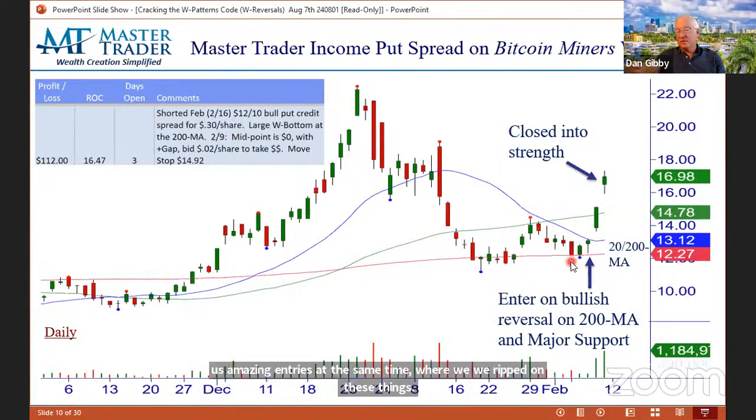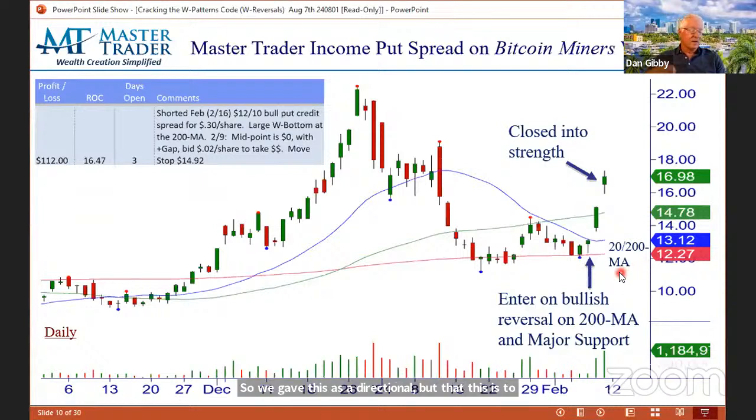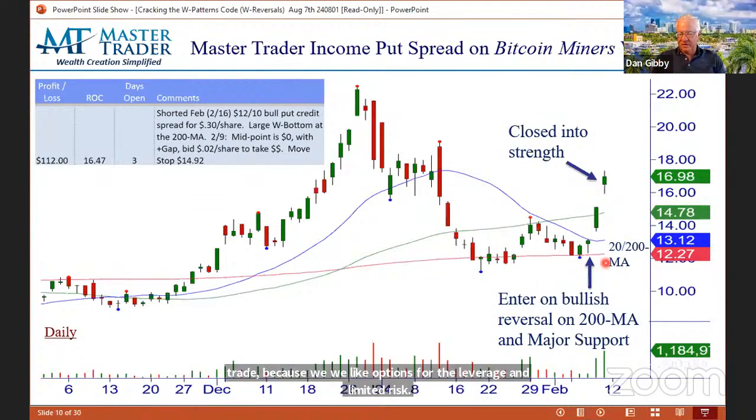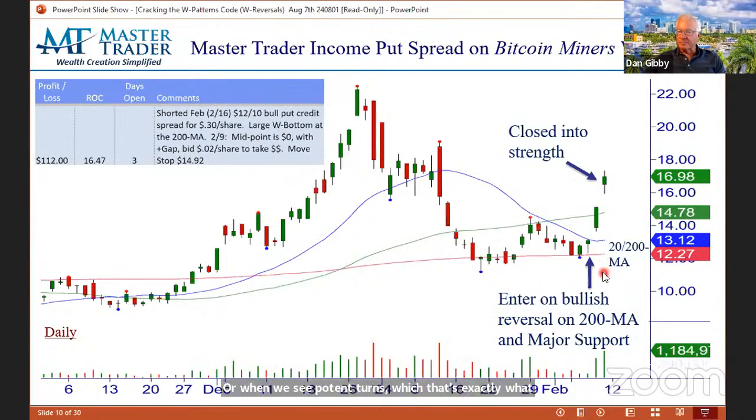We gave this as a directional also, but this is to show you when we have bullish patterns, we can either buy liquid options as a directional trade because we like options for the leverage and limited risk, or when we see potent turns, which that's exactly what we're talking about today, right? Potent turns is a W bottom. We believe that that level is going to hold.